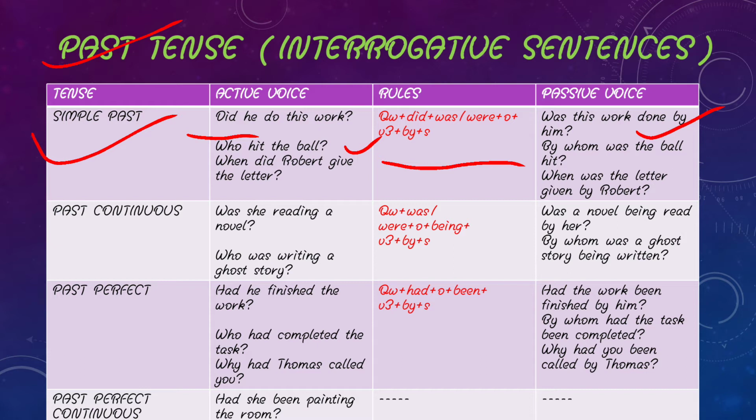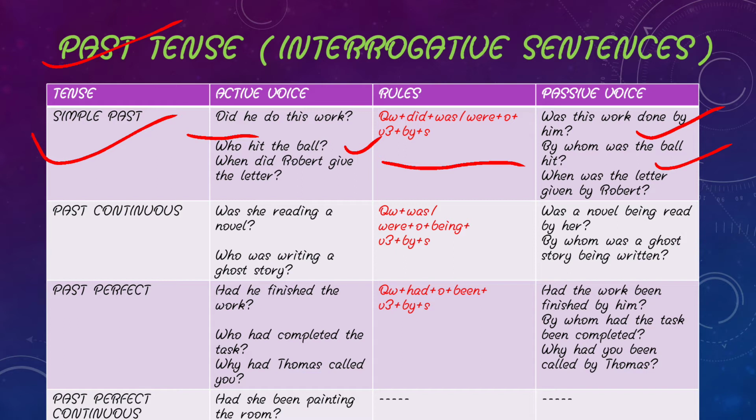The passive form will be: By whom was the ball hit? Whenever the sentence starts with who, in the passive voice you have to begin with by whom.